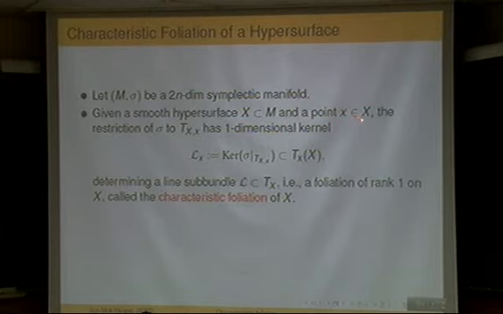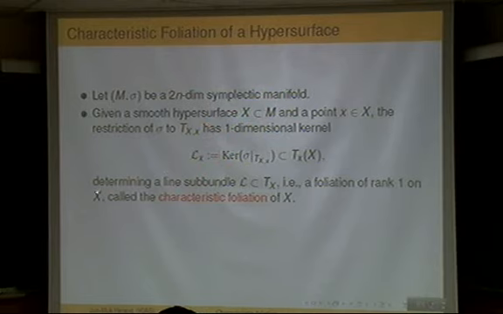Then at every point, the restriction of this symplectic form to the tangent space of the hypersurface has a one-dimensional kernel, because the tangent space of the hypersurface is a hyperplane inside the symplectic vector space, the tangent space of M. So the notation is, this is the tangent space of X. So at every point of X, there is a distinguished one-dimensional subspace in the tangent space.